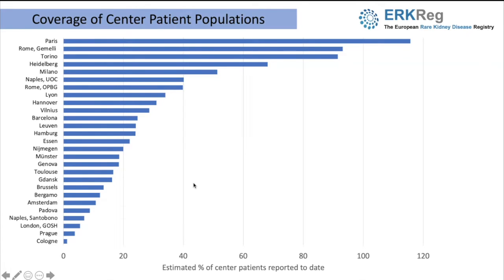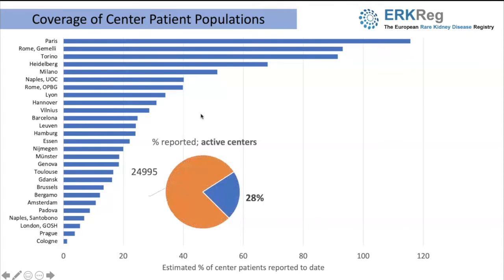And this is what you see here. So the average number is 28% of the patients that were reported to be treated in these centers are now part of the registry.